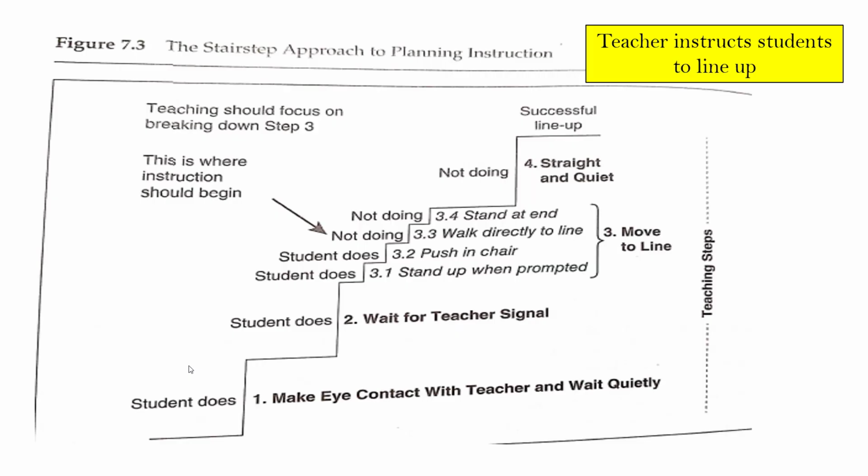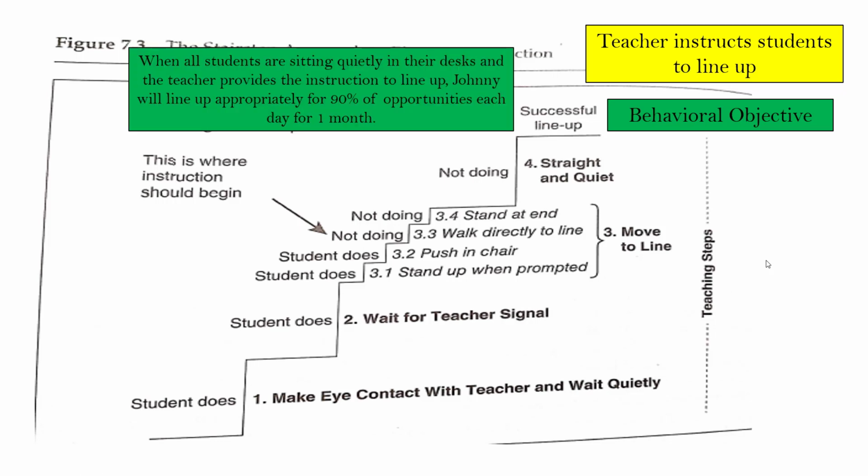So let's go back to little Johnny. If we relate that diagram in the previous slide to this diagram, our main behavioral objective is a successful lineup. If we would write a behavioral objective for this, it might look something like this.